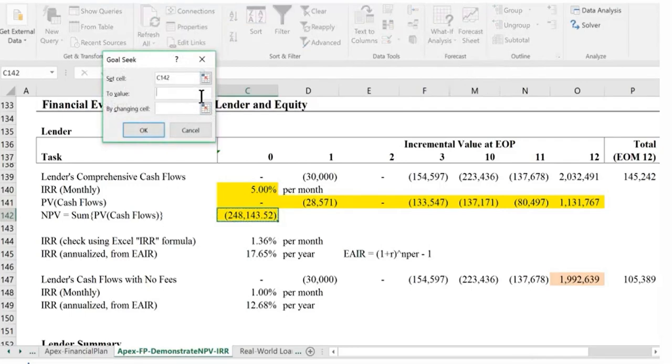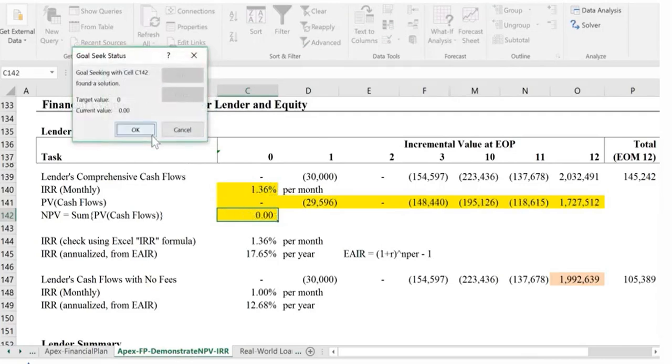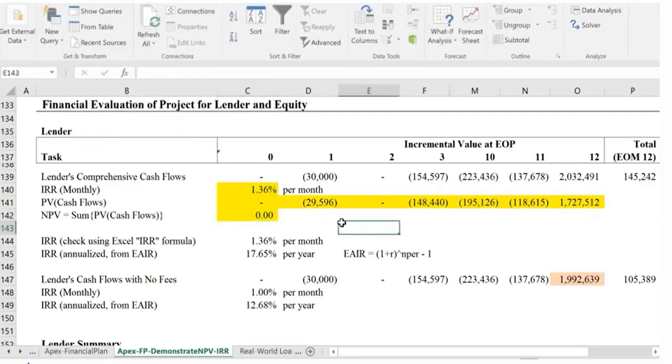I'm going to say set that NPV to value 0 by changing my guesstimate on IRR. Okay, and it tells me that my IRR in monthly time units, remember we're working with months now, is 1.36%.